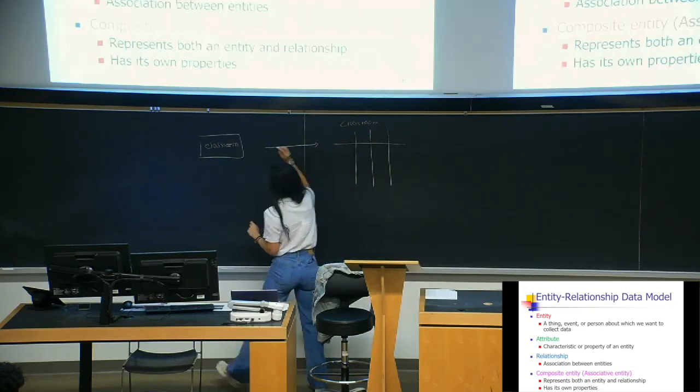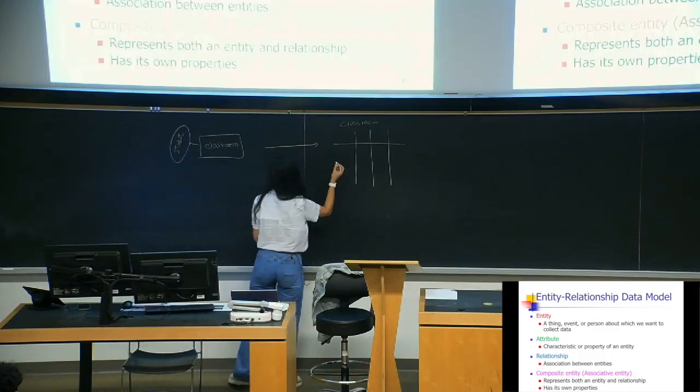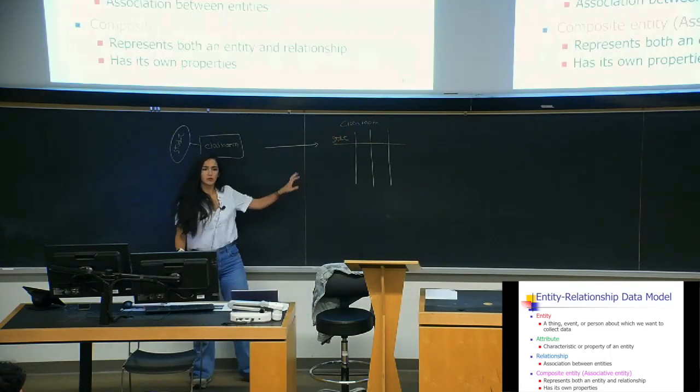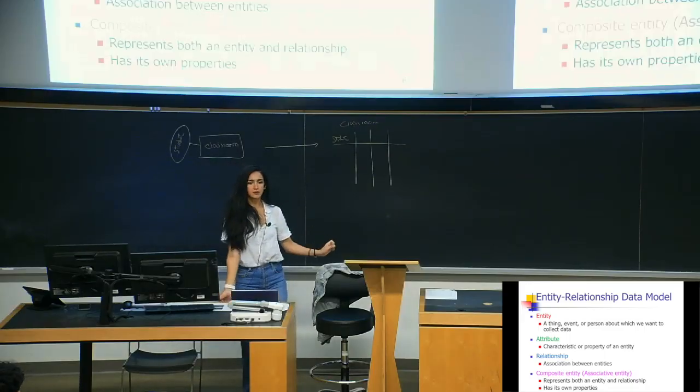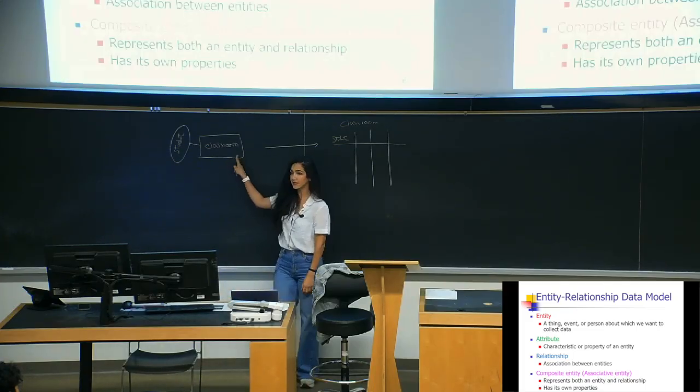So if there is an attribute like student, what do you want to write here? In the characteristics of a classroom, can I have a student as an attribute here?